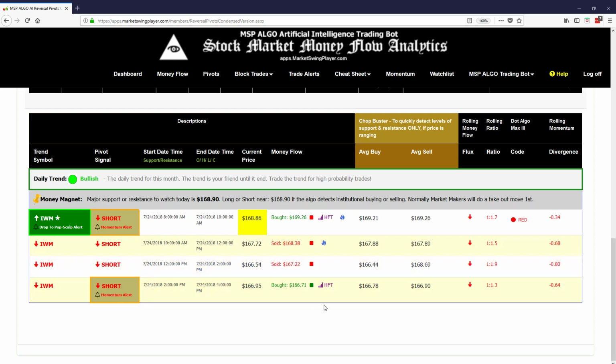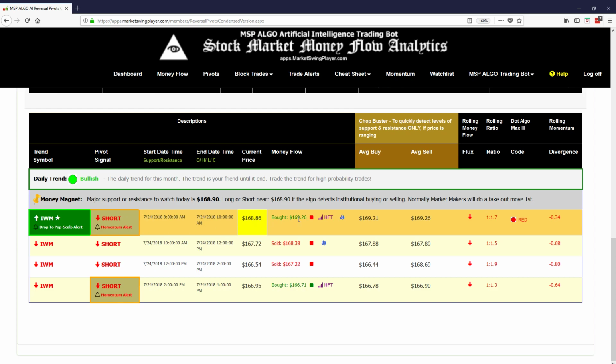So what did this app tell you? It gave you alerts. It told you what type of trades to take. It's predicting future price action. It's saying in this scenario, price is going up, but it's going to drop, right?